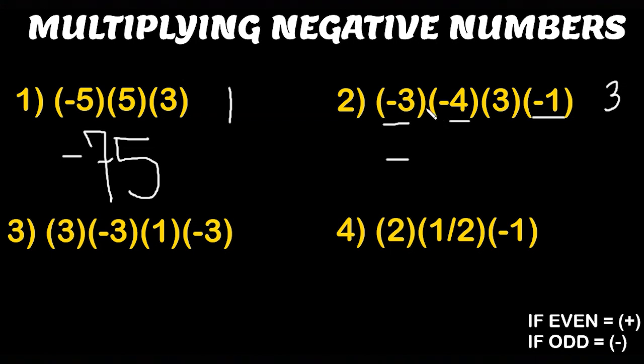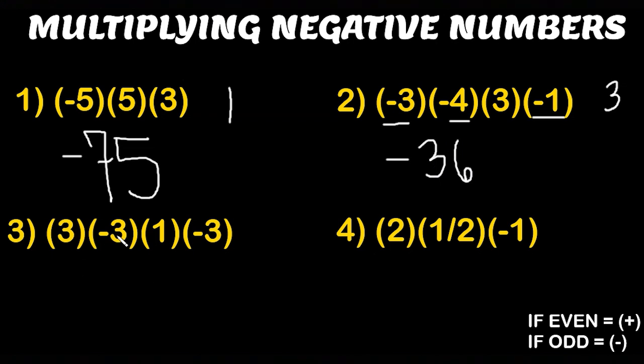And I'm going to assume everything is positive because I don't care about the signs anymore. I'm going to do 3 times 4, right? I get 12. And then I have 12 times 3, that's going to give me 36. And then 36 times 1, I get 36. So here's my end result. I get negative 36, right? Done.